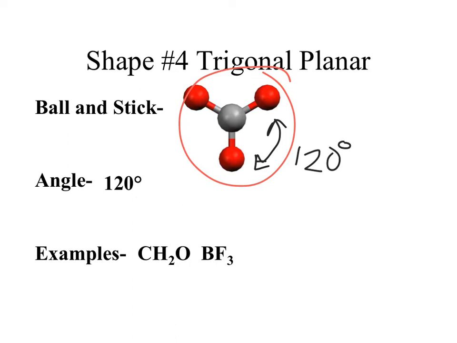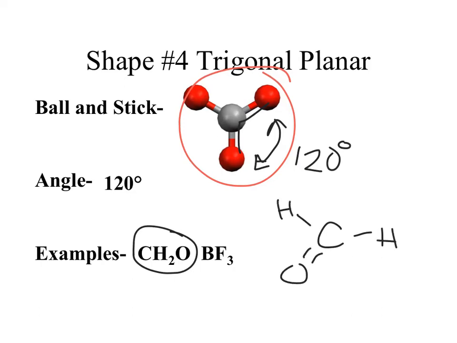So it makes sense that bond angle is 120 degrees. An example of that is like this, where we have carbon, a single bonded hydrogen, and a double bonded oxygen. It is flat like a pancake.